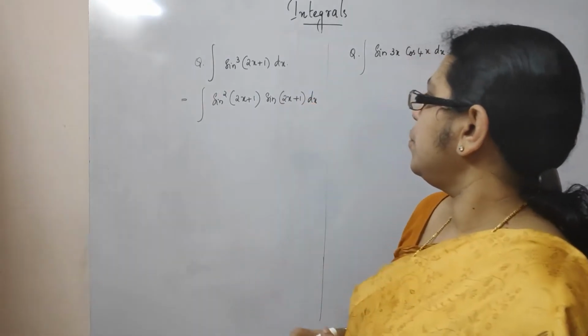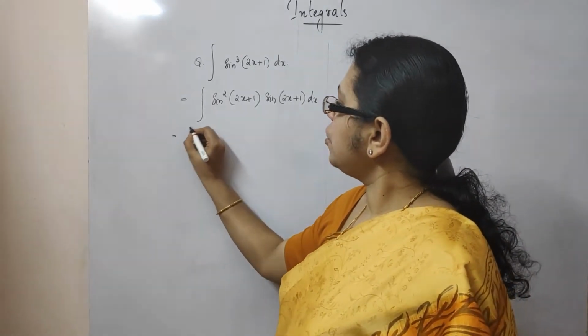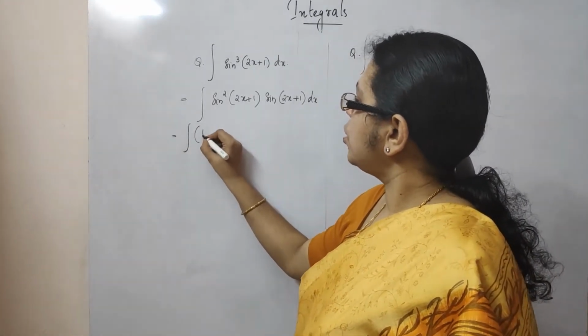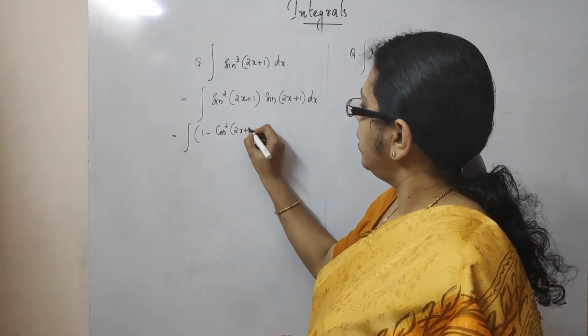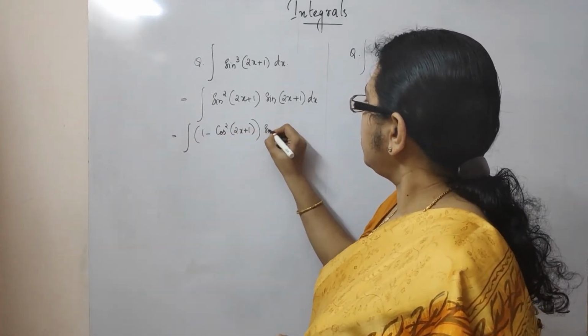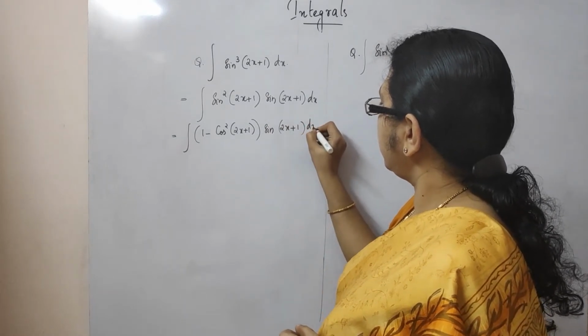Isn't this sine cubed of (2x plus 1)? Yes. Now sine squared, I will write as 1 minus cos squared (2x plus 1), into sine of (2x plus 1) into dx.